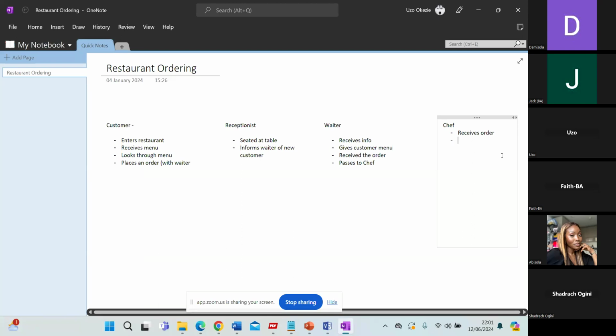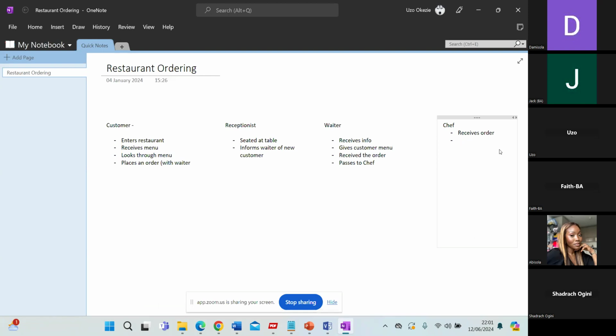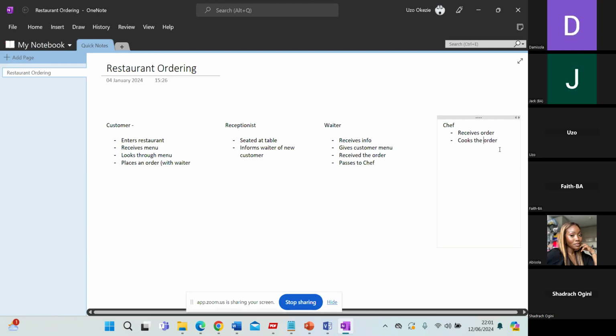Processes the order. Okay, let's say cooks the order. Or prepares the order. Let's say prepares the order. So prepares order. Then what happens?